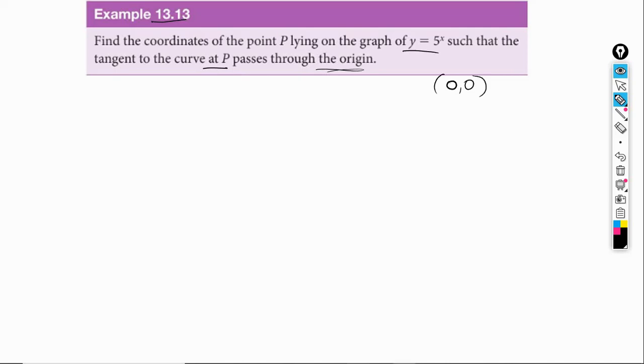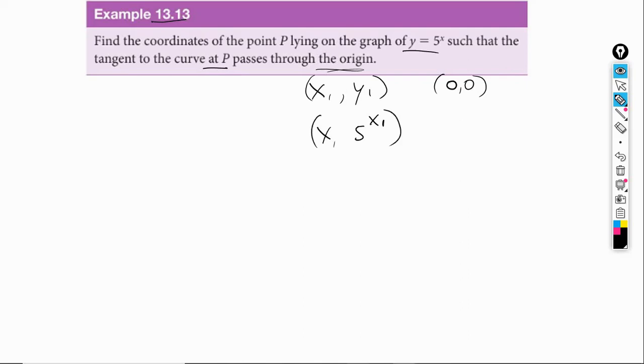Okay, and then let's call the coordinates of P x1, comma 5 to the x1, because that would be the y coordinate of that point P.